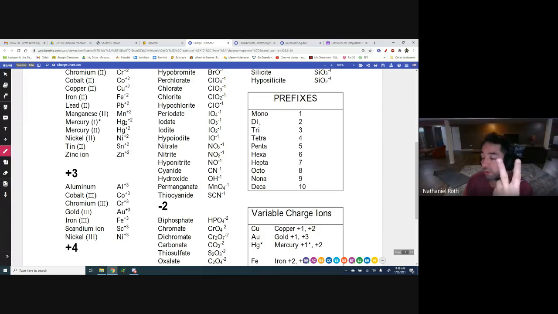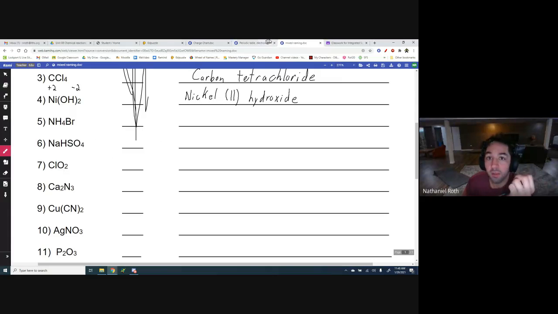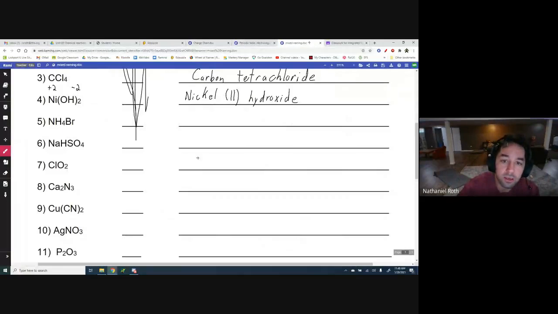There are two oxygens, so that means we use di. So our name is going to be chlorine dioxide because we replace the ending with IDE since this is just an element.